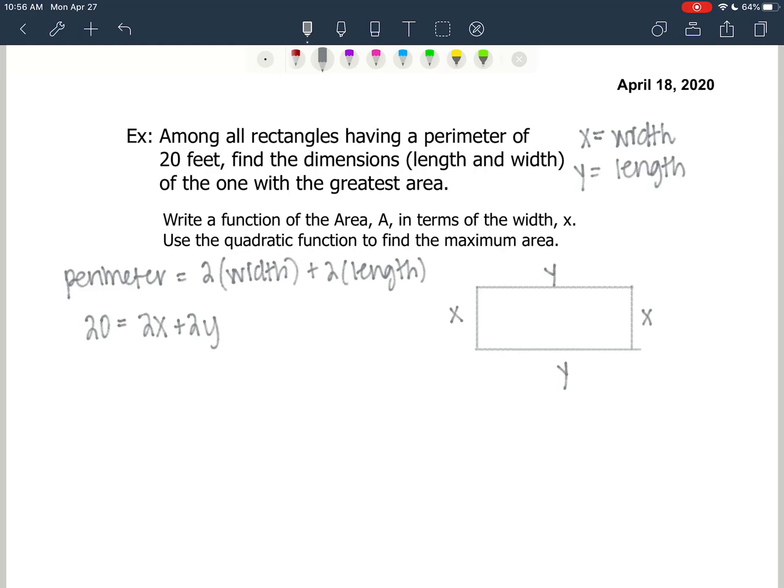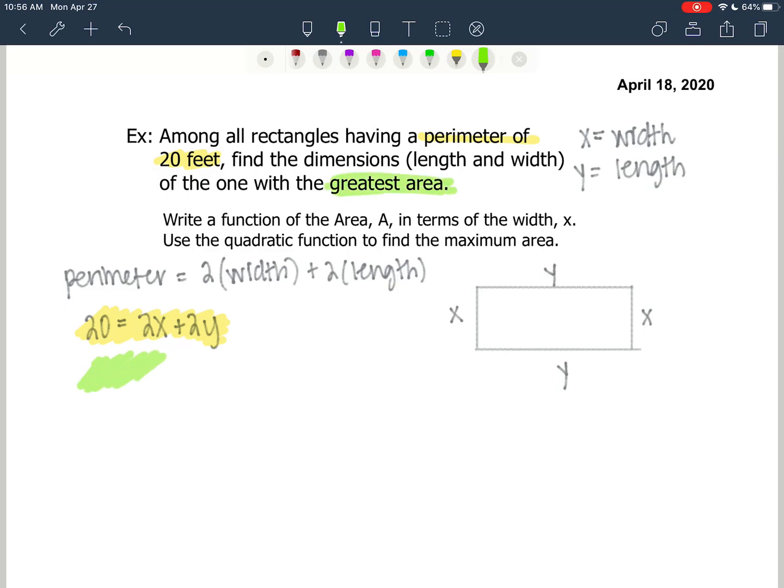This right here is a supportive type of equation because we want to find the rectangle with the greatest area. So there's two things that they've given us. They've given us the perimeter. This is going to be helpful information in finding our true goal of the one with the greatest area.